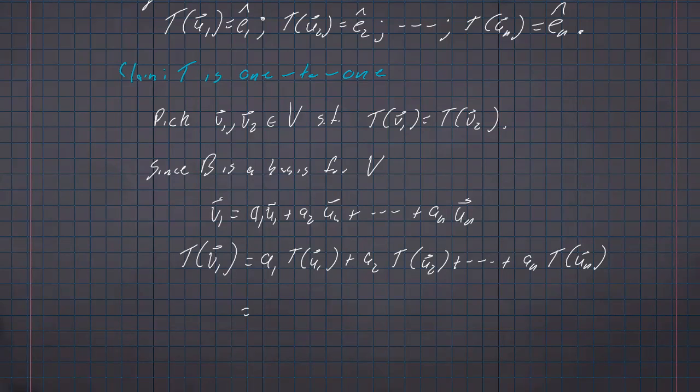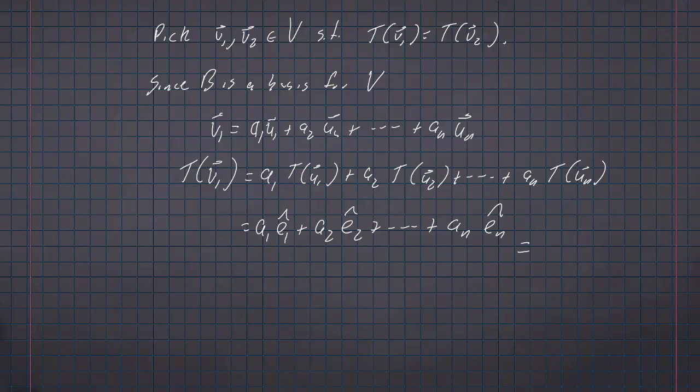And you can use the definition of the linear transformation to rewrite that thing as a combination of the Euclidean unit vectors. And we know, as we've seen many times, a linear combination of the Euclidean unit vectors is a vector that has the coefficients as its components.